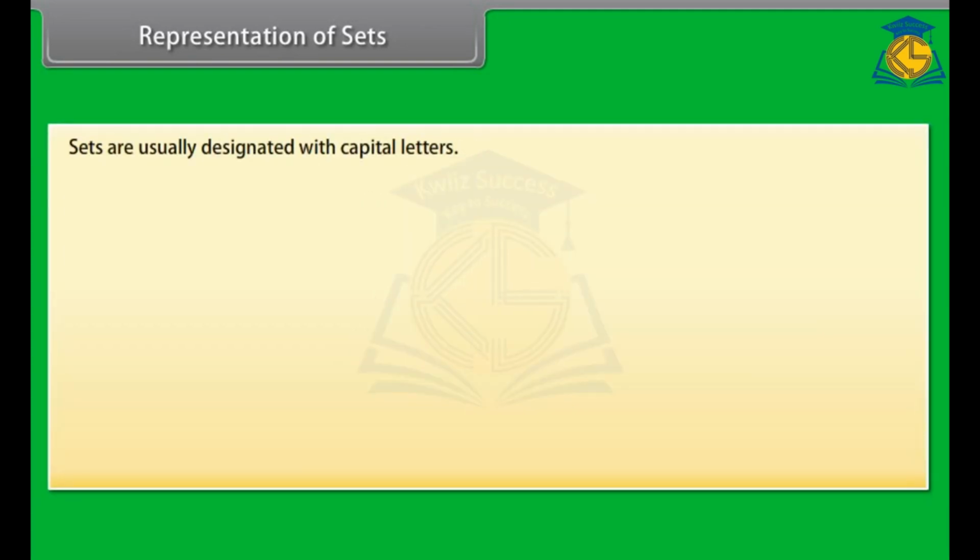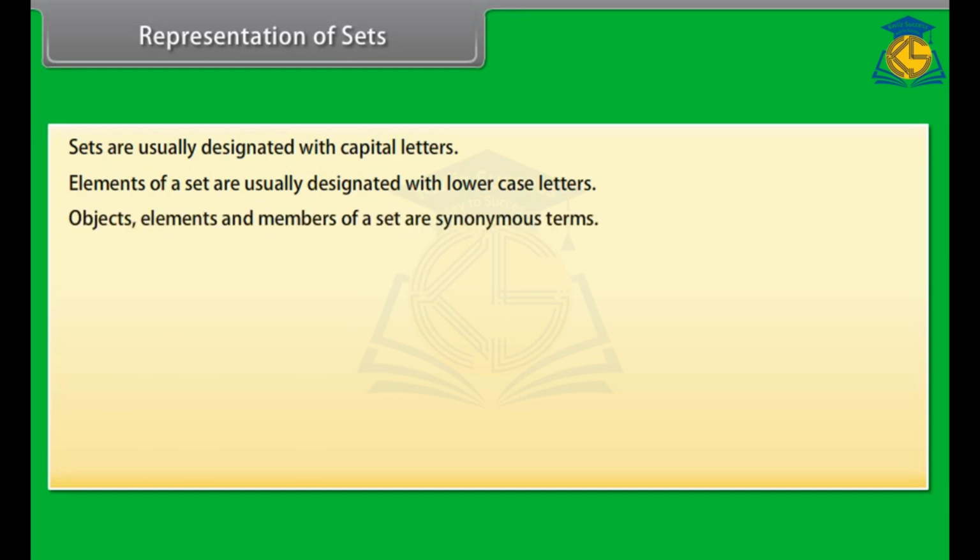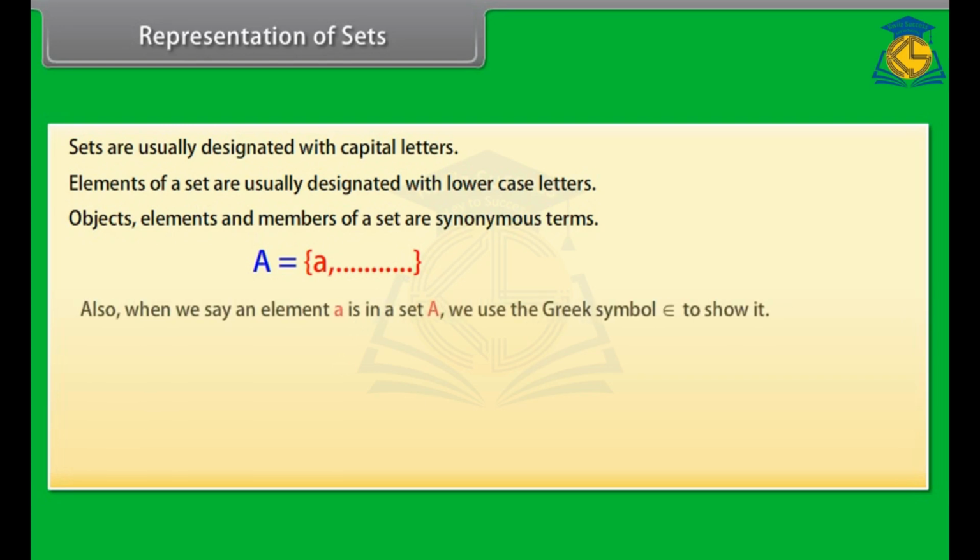Representation of sets. Sets are usually designated with capital letters. Elements of a set are usually designated with lowercase letters. Objects, elements, and members of a set are synonymous terms. For example, capital A is a set, and a is an element in capital A. Also, when we say an element a is in a set A, we use the Greek symbol epsilon (∈) to show it.